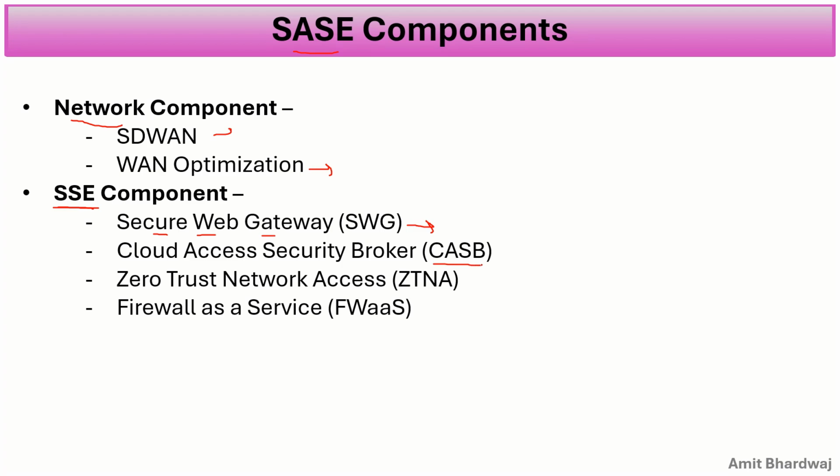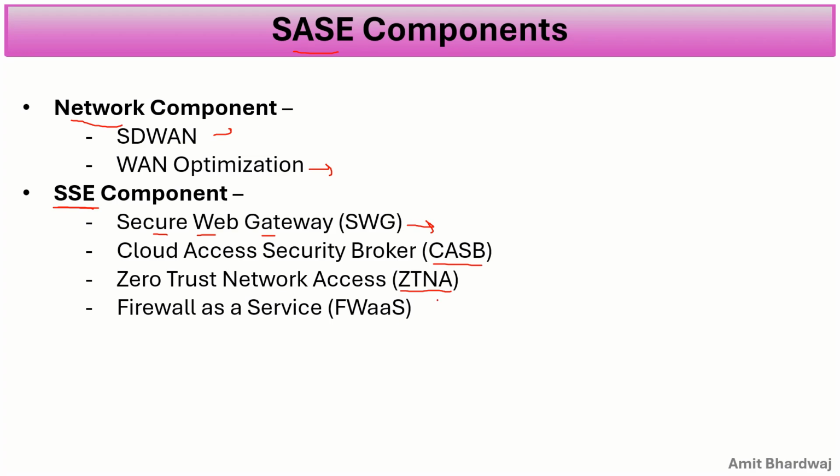Second is CASB, which stands for Cloud Access Security Broker. It monitors and controls access to cloud applications and ensures that security policies are applied and sensitive data is protected. Third is ZTNA, Zero Trust Network Access.